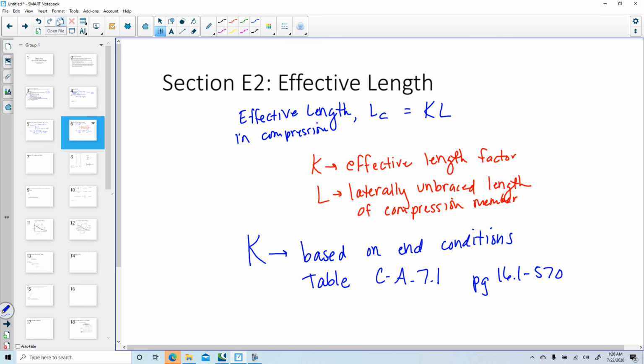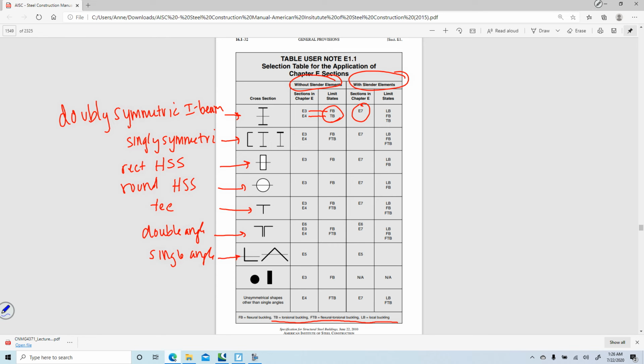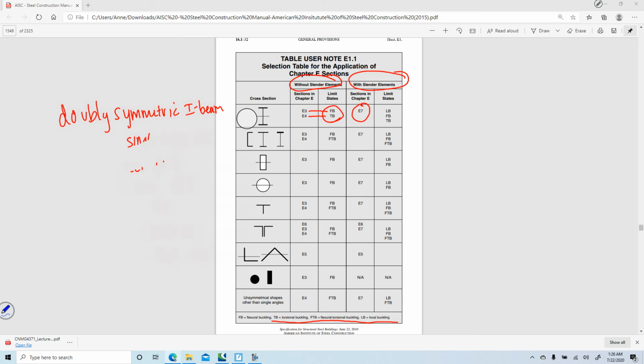This is a tab you're going to want to put on your book.